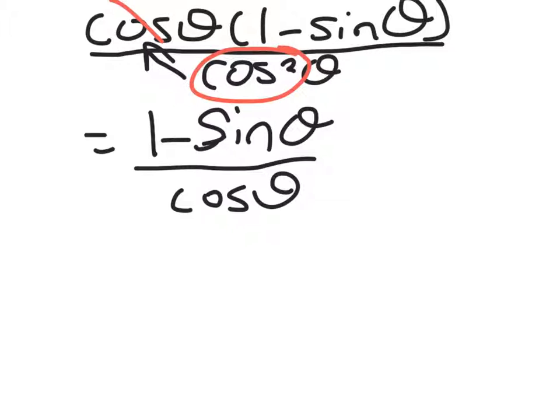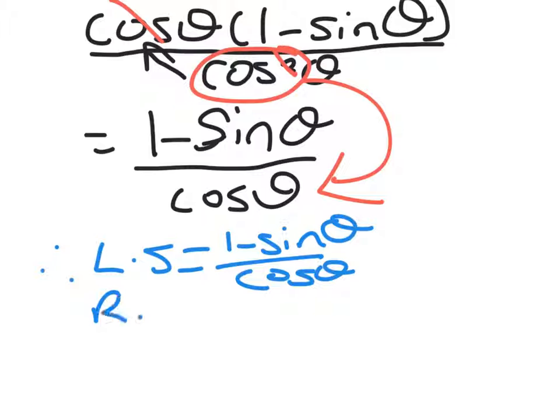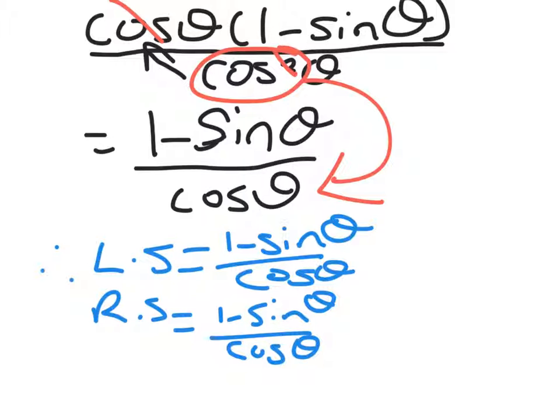So we're left with just 1 cos left, which goes down here. Therefore, our left side equals 1 minus sine theta over cos theta. And our right side equals 1 minus sine theta over cos theta, which makes them equal.